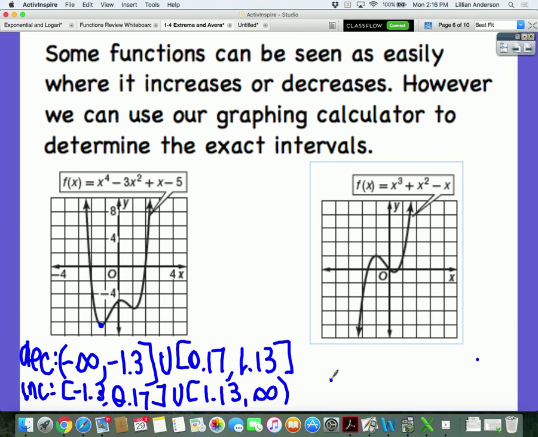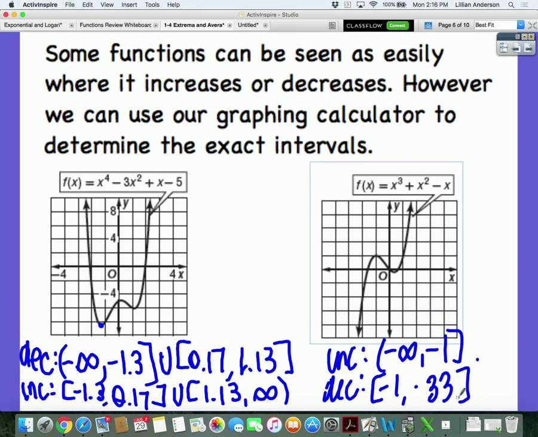What's happening after -1 until the minimum? And then it's doing what? Increasing again from 0.33 until what? Infinity. Good stuff, right? Were you faster this time with finding the max and min?